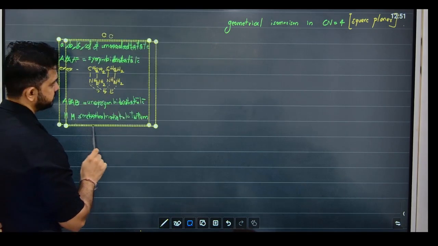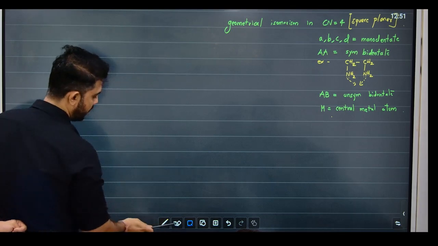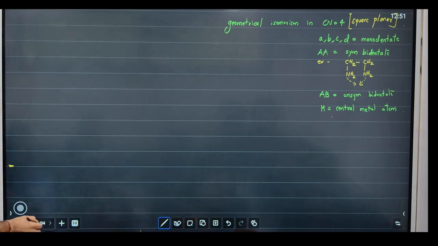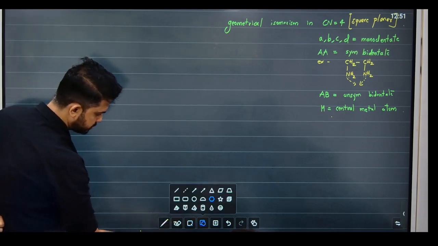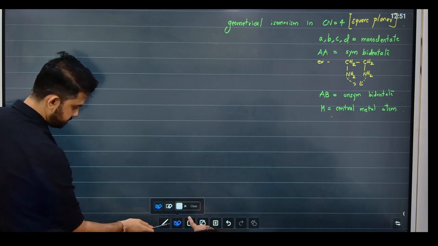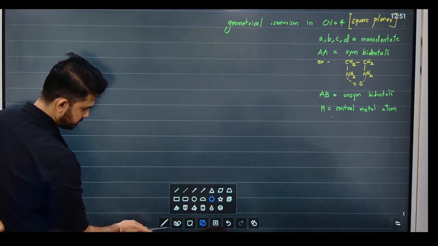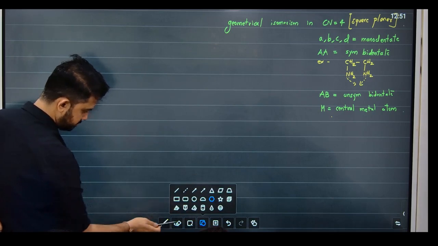Now, coordination number 4, square planar geometry. Let's start with the first one. Square नहीं होता ना. चलो ठीक है.